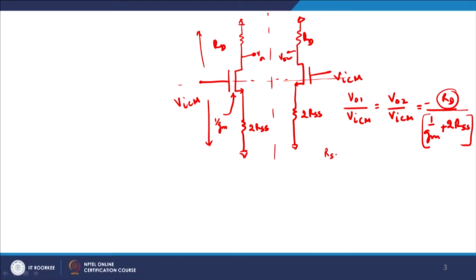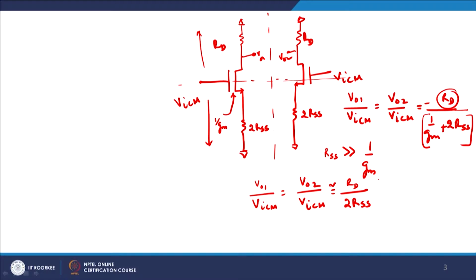We already know that RSS is much larger as compared to 1 by Gm, and therefore, I can safely write down V01 by Vi Cm equals V02 by Vi Cm. This is the common mode signal, which equals RD upon 2 times RSS, because Gm is much smaller and I can neglect that value here.